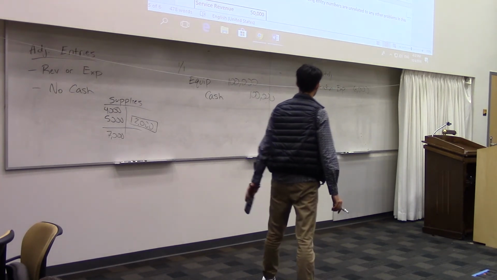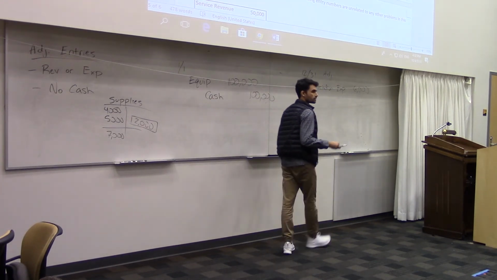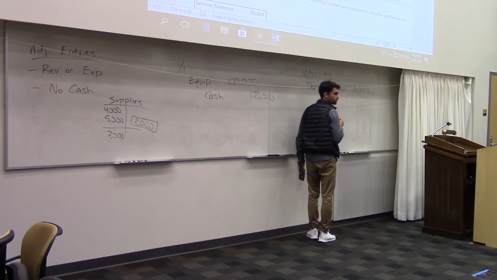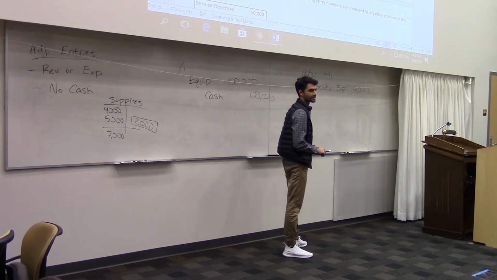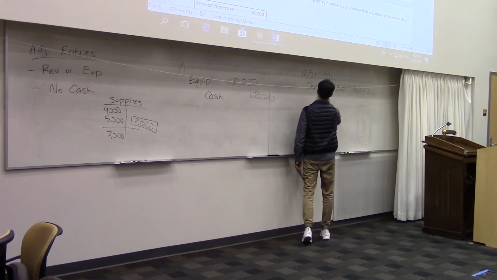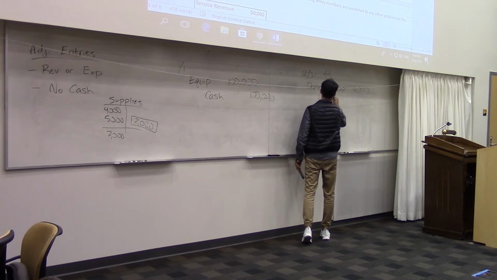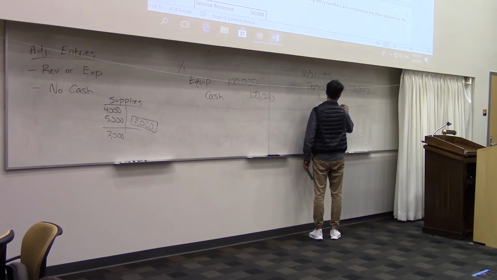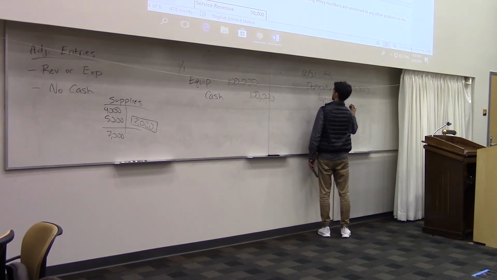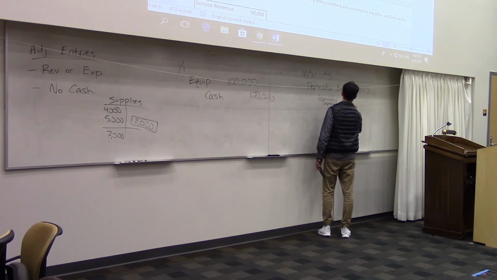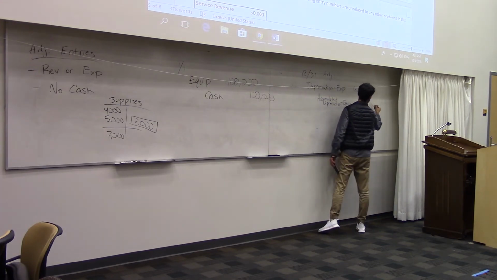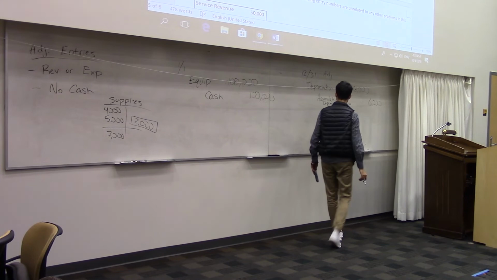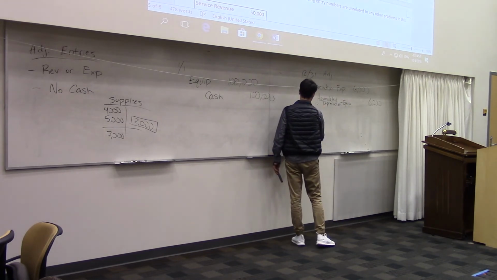What's my credit? Accumulated depreciation on the equipment. And this is one of our contra accounts.